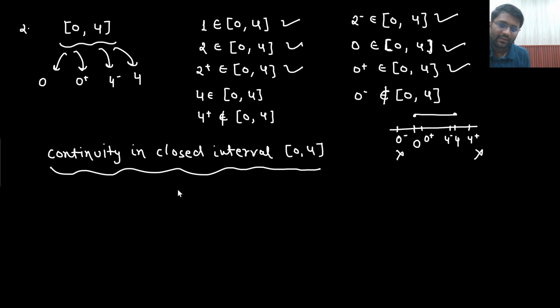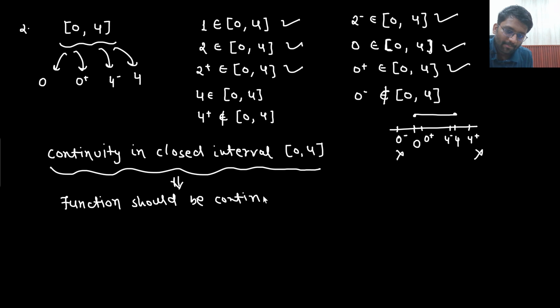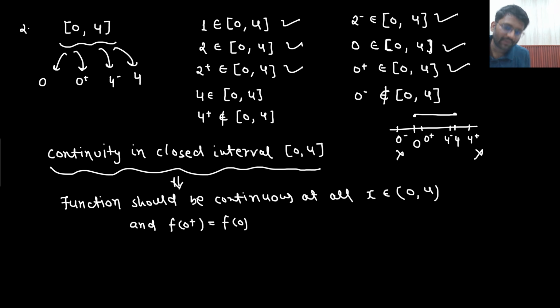It simply means that the function should be continuous at all x belonging to the open interval 0, 4. That means it should be continuous at all the points between 0 and 4, and f of 0 plus should be equal to f of 0. Why is that so? I am not caring about f of 0 minus, because 0 minus is not even belonging to this interval, no?